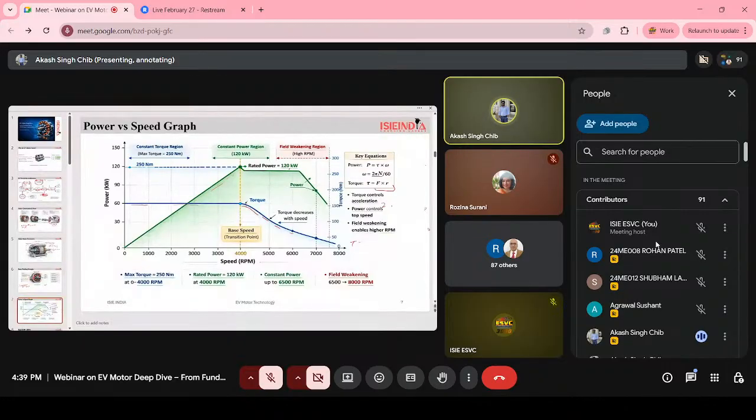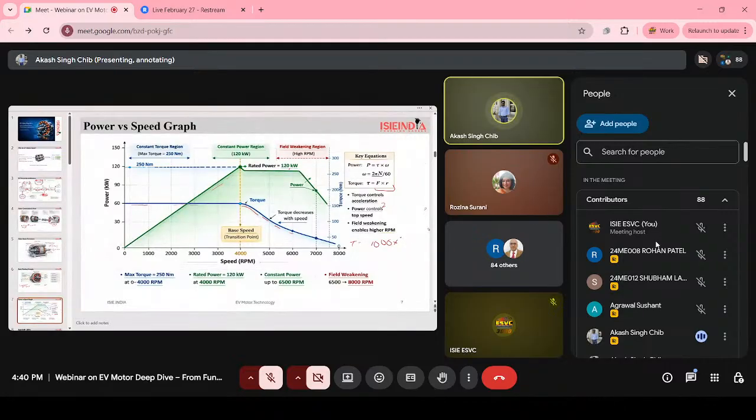Suppose we are getting 1000 Newton of force, and the radius is of the motor part, like you have seen in the shaft.